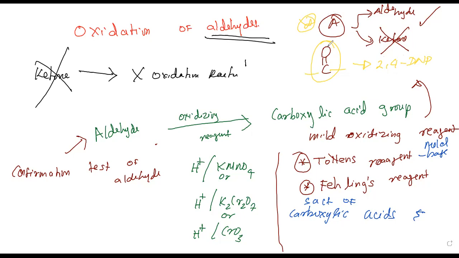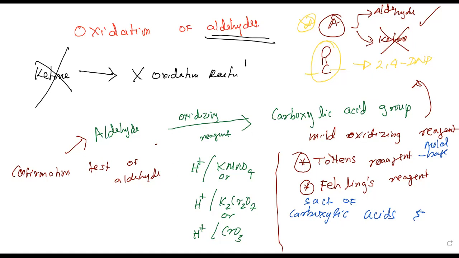So how can you say that the compound has an aldehyde or ketone? That clear identification can be done by your oxidation reaction. By using one of these oxidizing reagents, it's clearly visible.